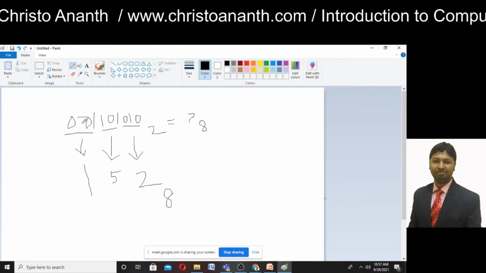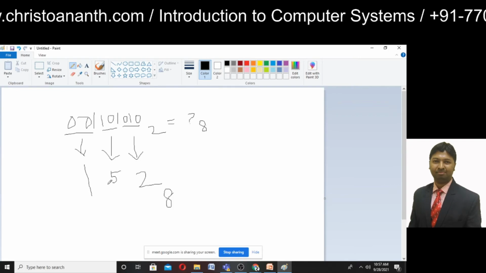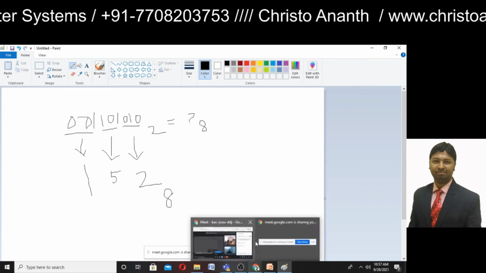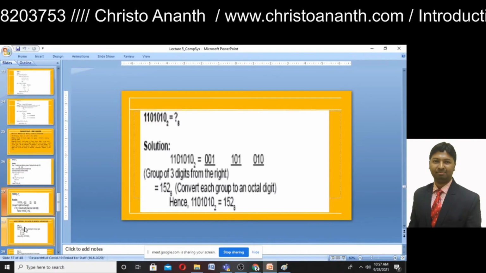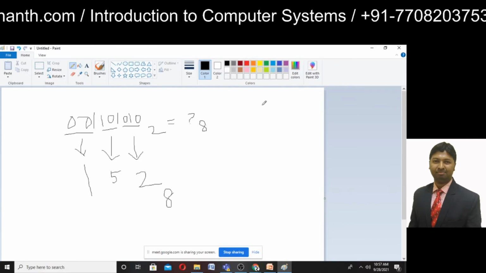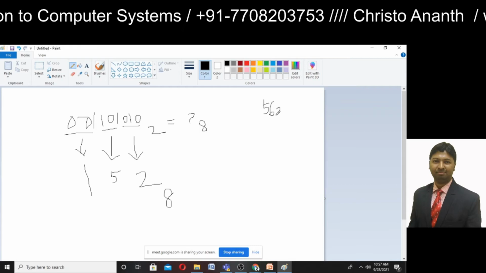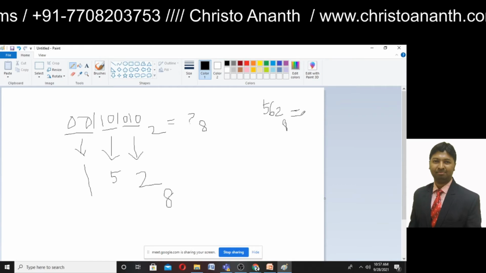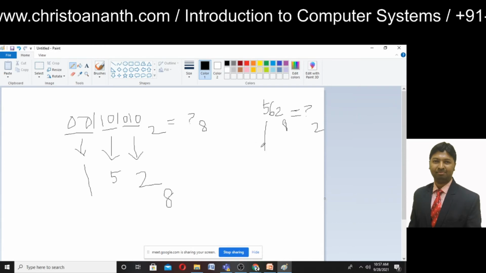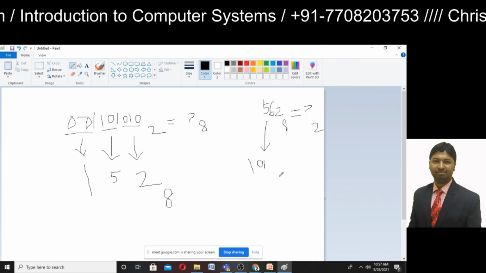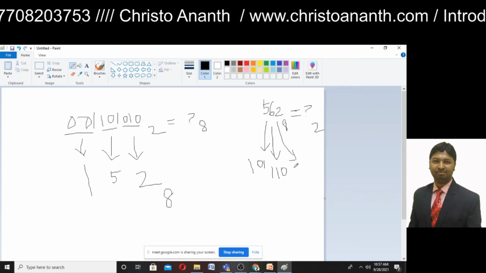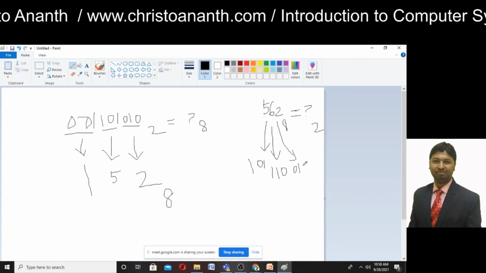Now my question is, 562 to the base 8 equals what to the base 2? 5 is 101. 6 is 110. 2 is 010.